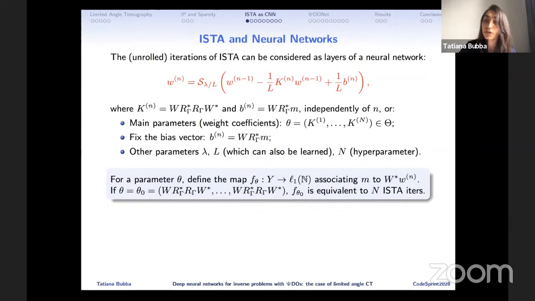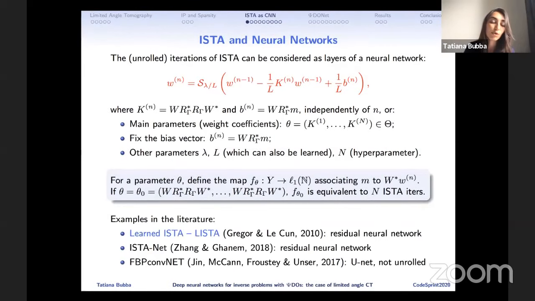iterations of ISTA. And if we look at the literature, this is just a few examples, the ones that got our work started. We have the learned ISTA, or LISTA, from the paper of Gregor and LeCun in 2010, where they proposed, following this idea, a residual neural network. There is a more recent paper where they proposed ISTA-Net, Zhang and Ghanem.